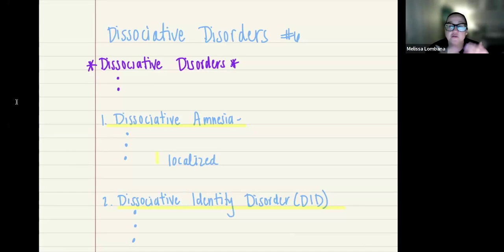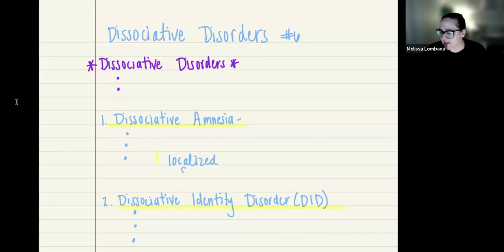Okay, so for example, it could be maybe their childhood from 6 years old to 8 years old. They won't be able to remember what happened in those moments. Okay, this is the more common memory loss for somebody with dissociative amnesia.